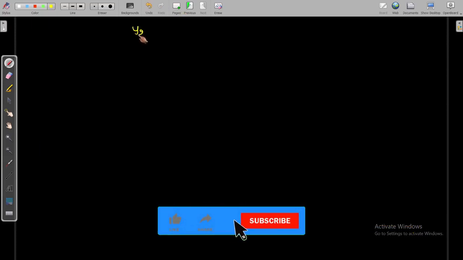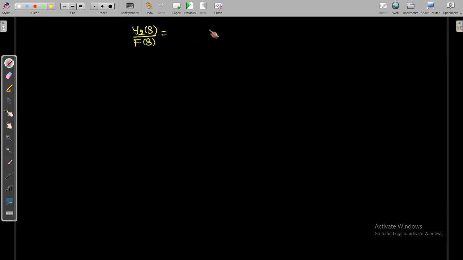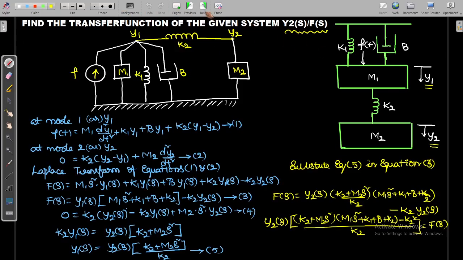The ratio y2 of s divided by f of s can be written as k2 divided by, the whole, m2 s square plus k2 into m1 s square plus bs plus k1 plus k2, minus k2 square. So this is the transfer function of the given problem. It is also asked that y2 of s divided by f of s.